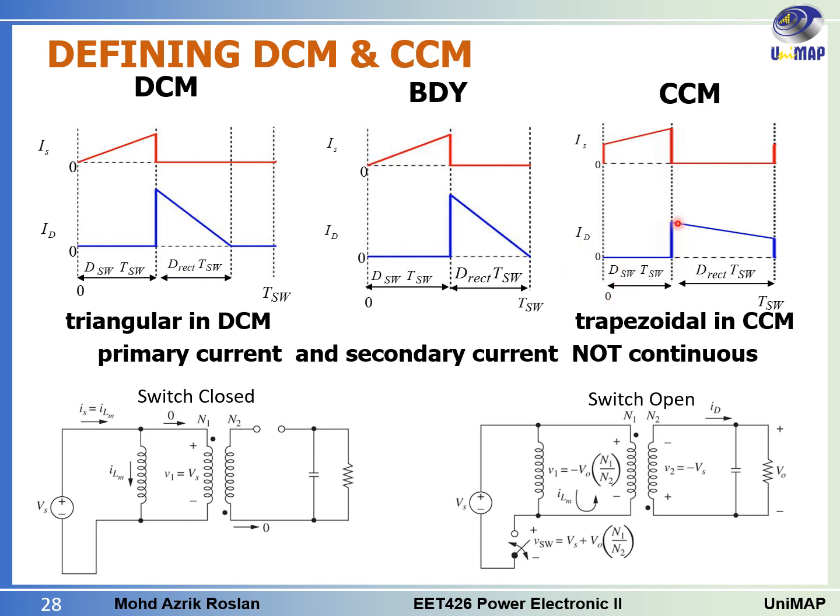ID will also reduce, but when it reaches the switching time here, it will straight away go to 0. So the shape of the IS and ID in CCM will be trapezoidal, while for DCM it will be triangular like this, and the same with the boundary condition, where the diode current will reach 0 exactly at the switching time here.